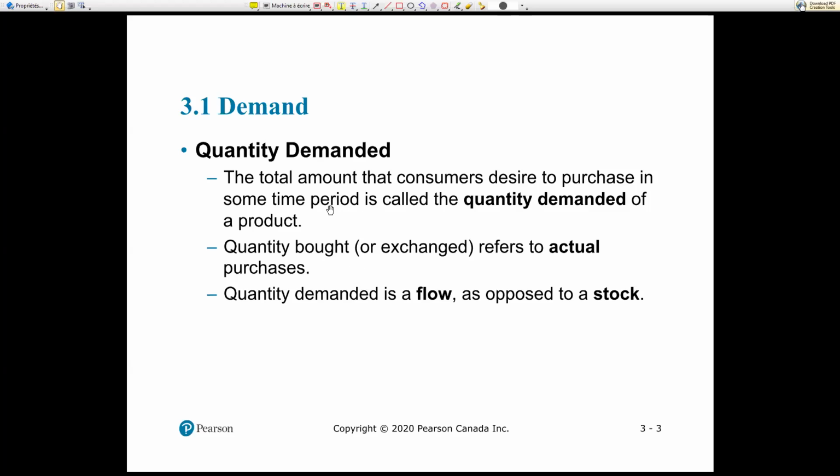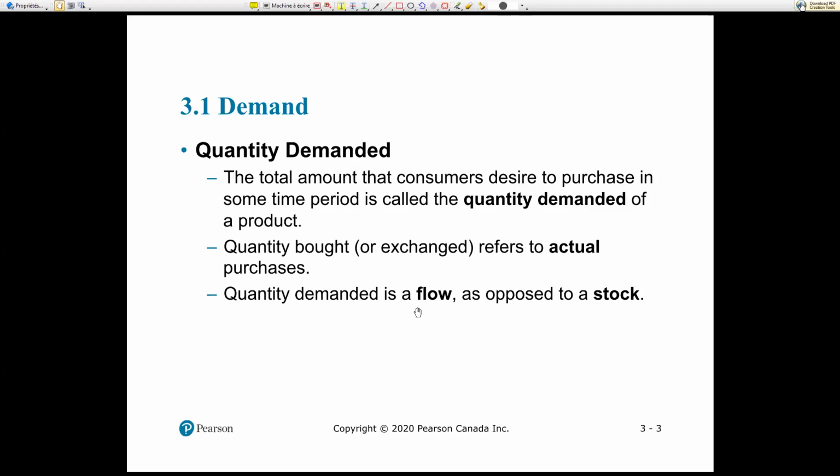Yeah, so the actual quantity bought is the actual purchases, and this depends on the price, what the actual price was and what was actually bought by people.